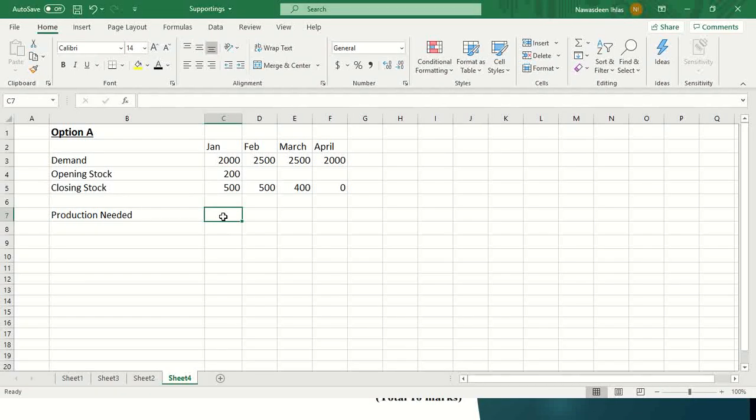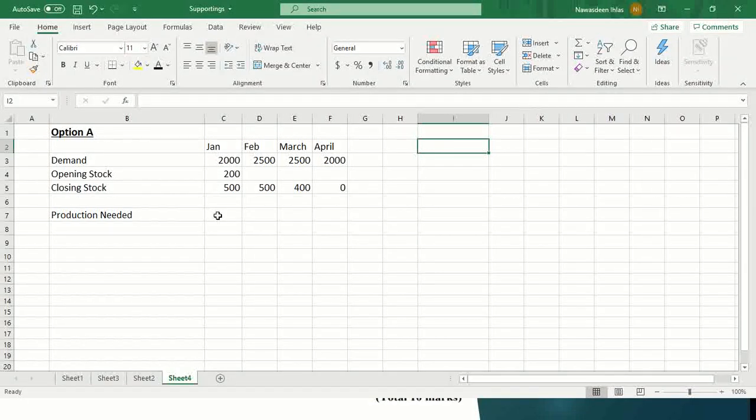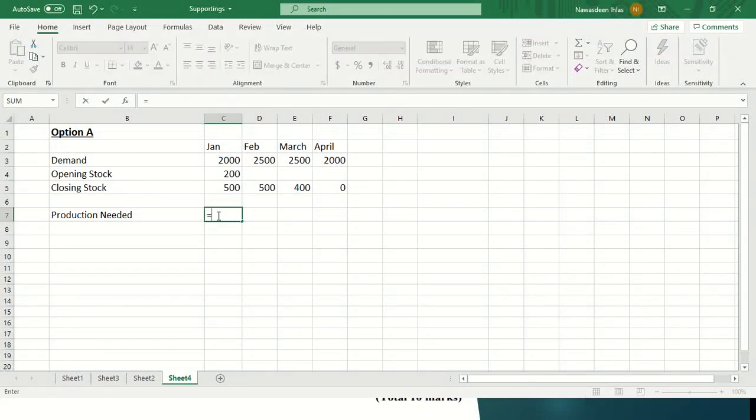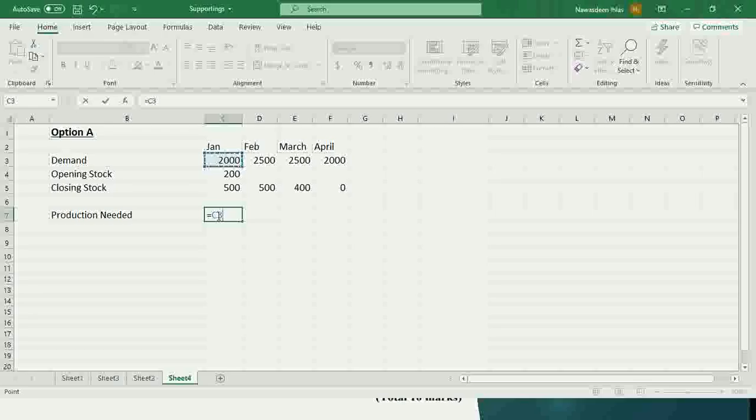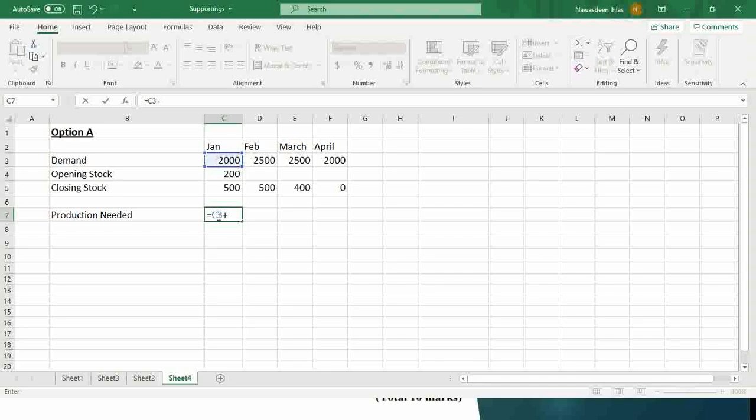So how to find your production capacity? This is the demand for this particular month, and closing stock we want to keep.